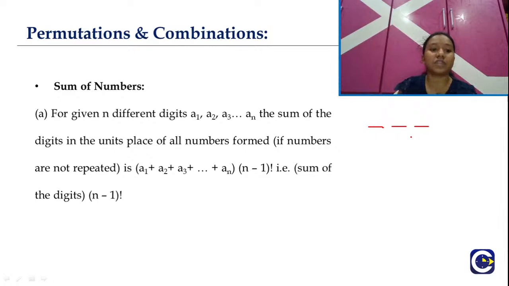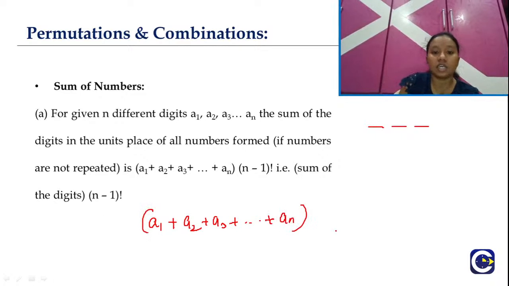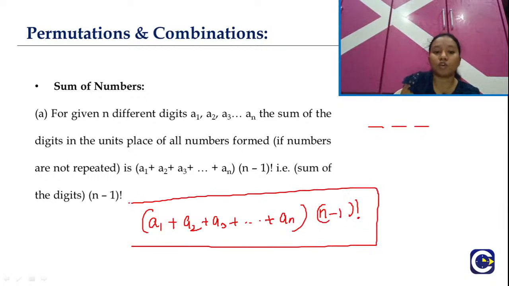That is the sum they are asking here: the sum of the digits placed in the units place of the numbers. That is directly given by the sum of the digits, that means a1, a2, a3 and so on, some n digits. So the sum of all these digits into n minus 1 factorial. This will be the sum of the units place of all the numbers.